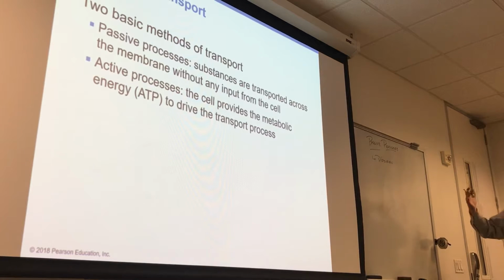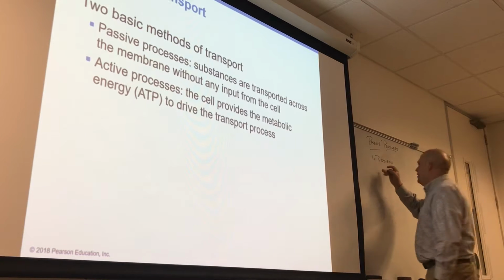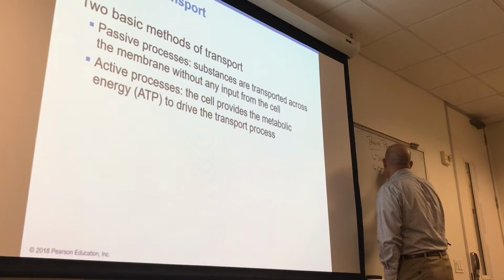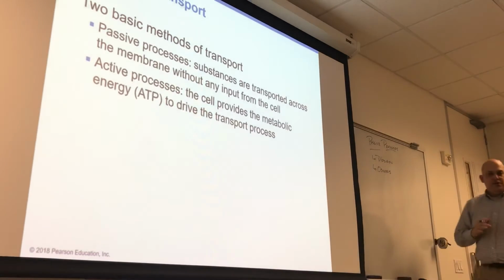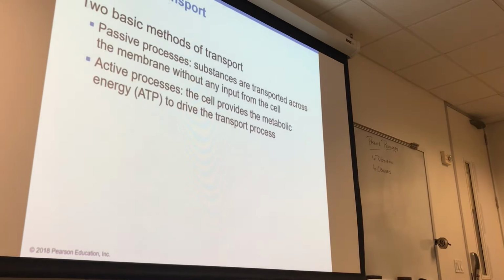But all the diffusion are passive. And the other big one is osmosis. So these are the passive processes that we're going to talk about today. These are processes where we move material across a plasma membrane, and we do so without the need of any energy. We don't require ATP.